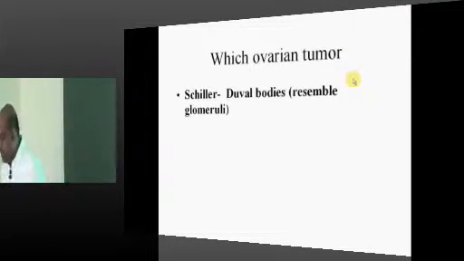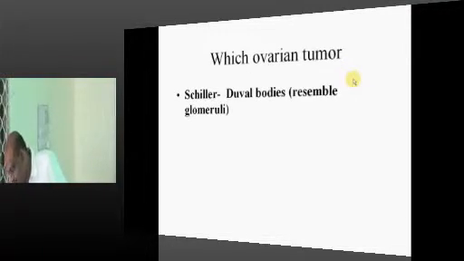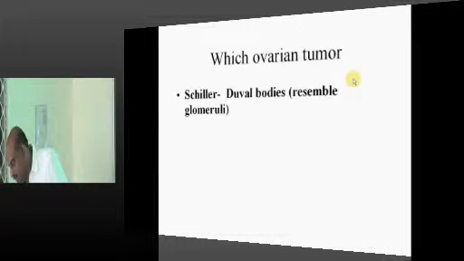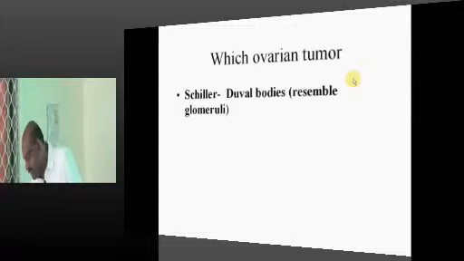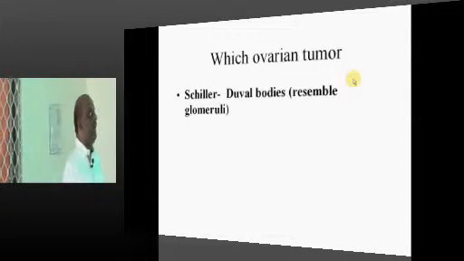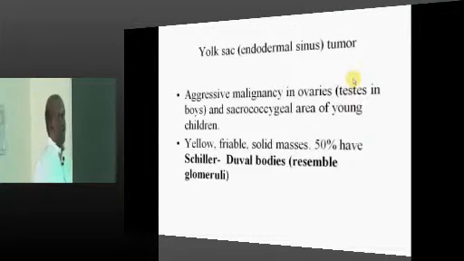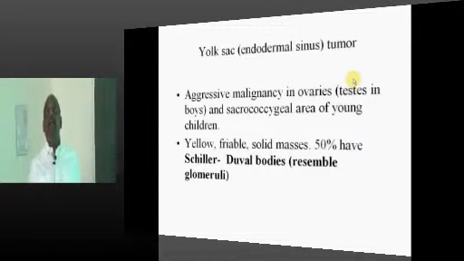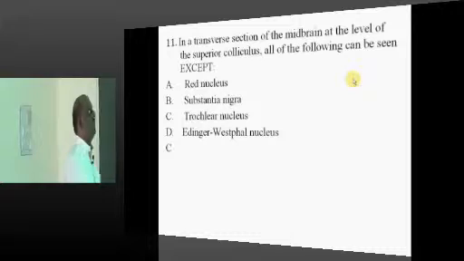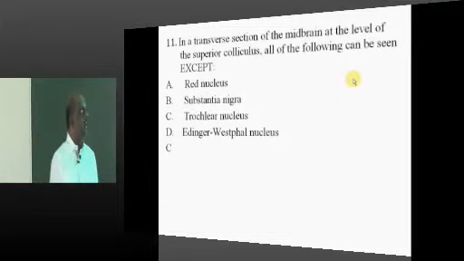Schiller Duval bodies. Where do you see, doctor? That's right. Our Anantapur and Warangal students have rightly answered. It is the yolk sac tumor, otherwise called endodermal sinus tumor, is the one which will be responsible.